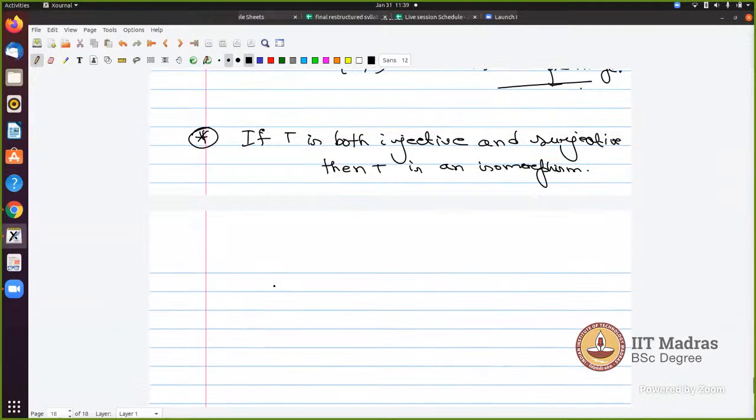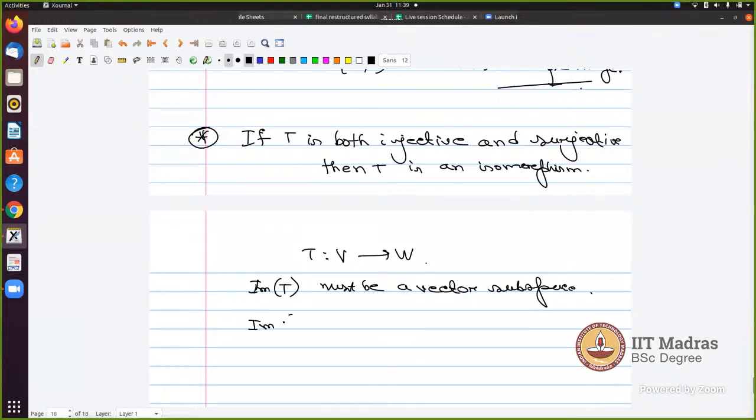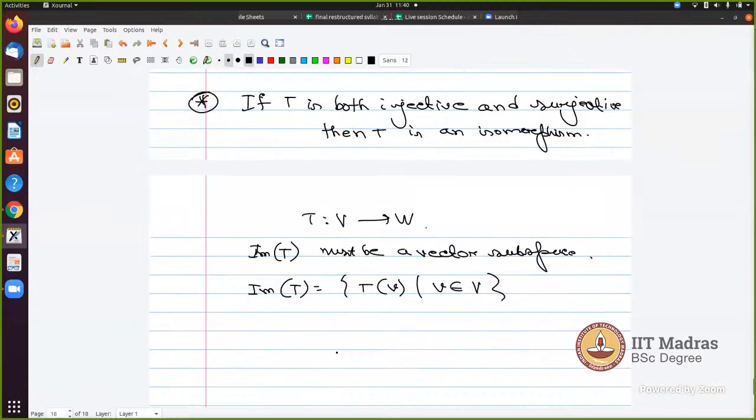Yes, you are right. But before that, you have to identify that the image of T must be a vector subspace. This is in general I am talking about, not any particular example. First of all, the image of T means T(v) such that v belongs to V. This is the definition of image.